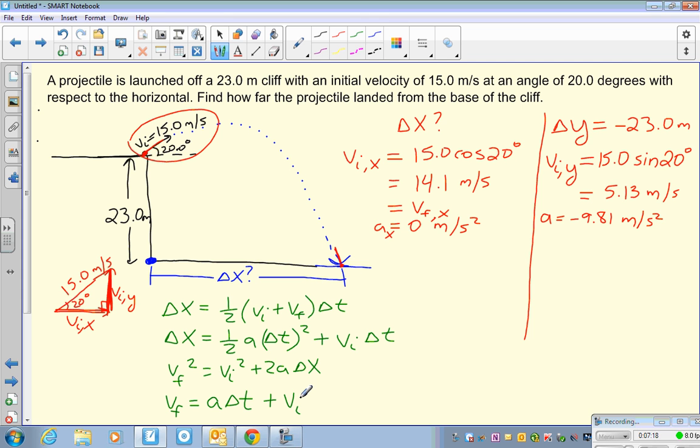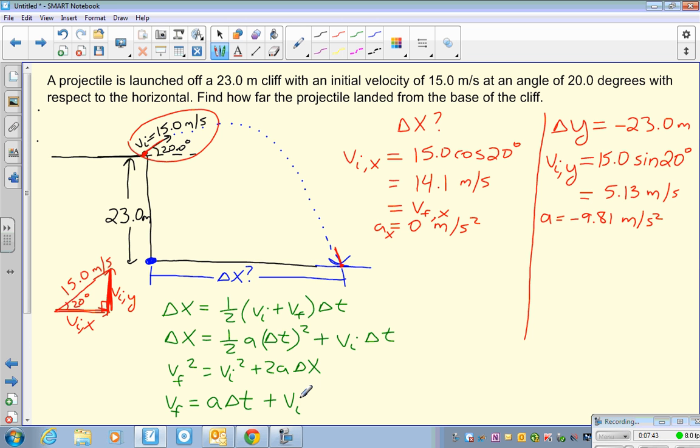Now, when we look at these equations, these delta x's are really either delta x or delta y, depending if we're looking at the horizontal or vertical direction. In addition, the vi and vf that you see in these equations are really either vix or vfx, or viy or vfy. It's not just the vi that's given to us.